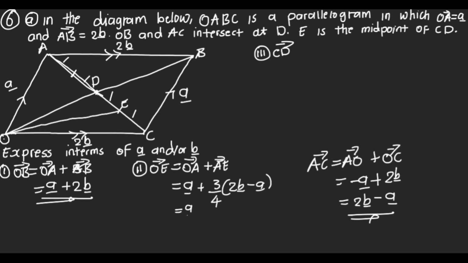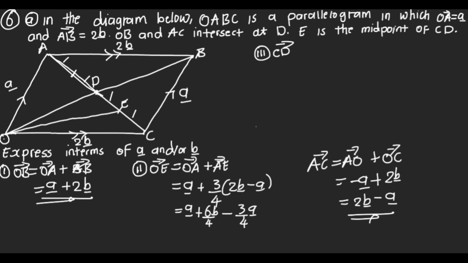So let's see how we can simplify it. 3 times 2 will give us 6b over 4. Then 3 over 4 times the negative a will give us negative 3 over 4 of vector a.